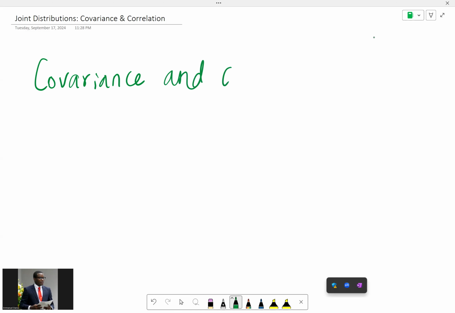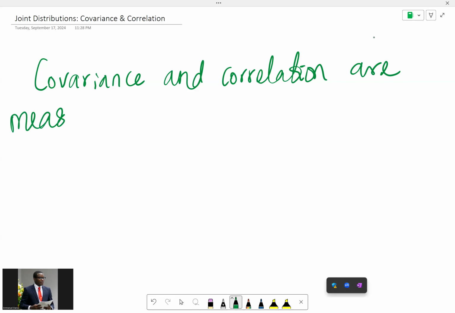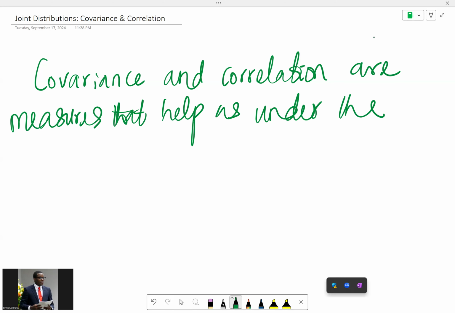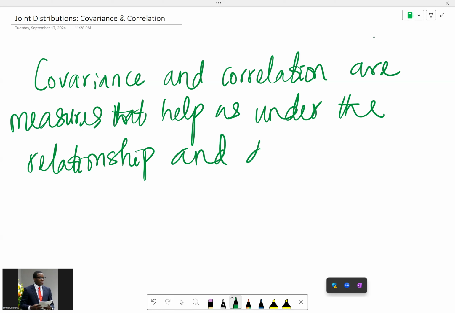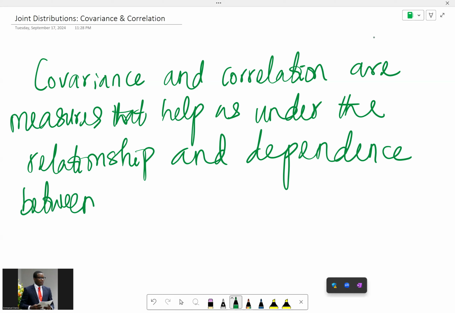But then covariance and correlation are measures that help us understand the relationship and dependence between two random variables.